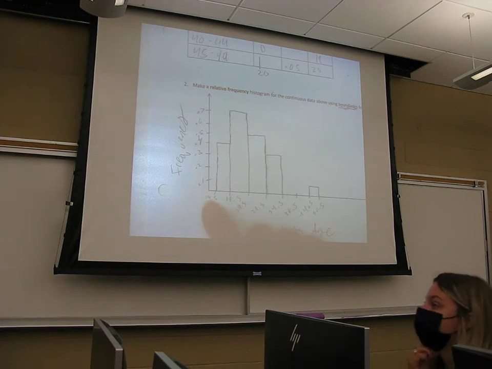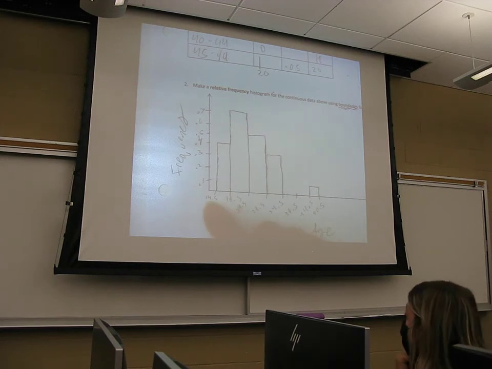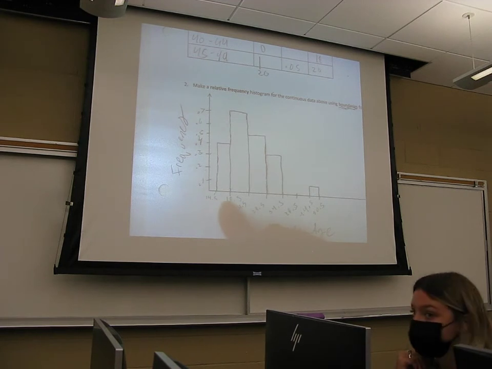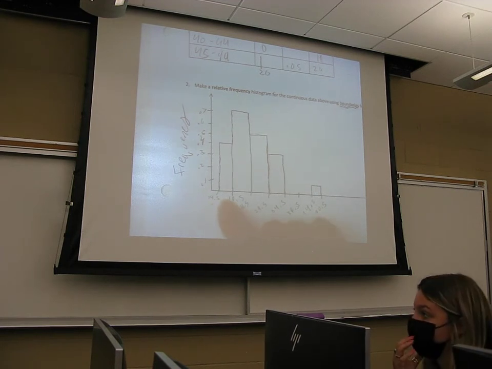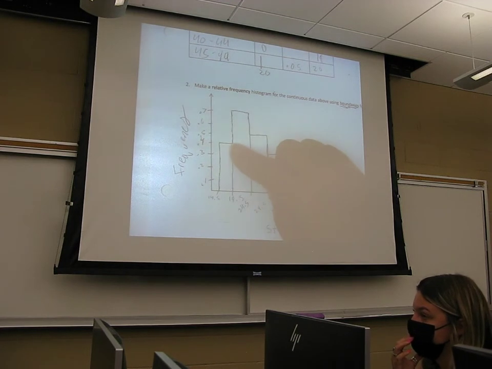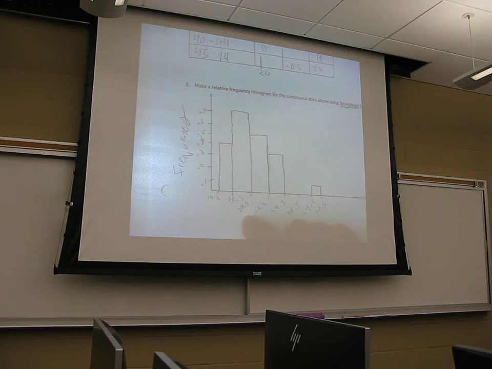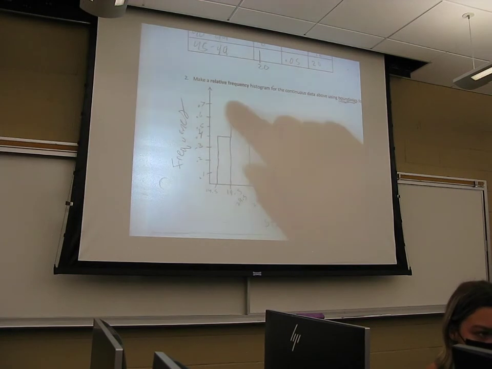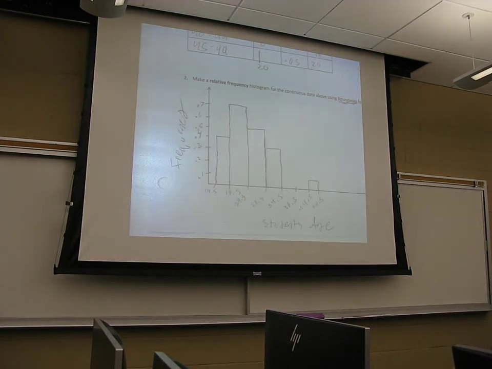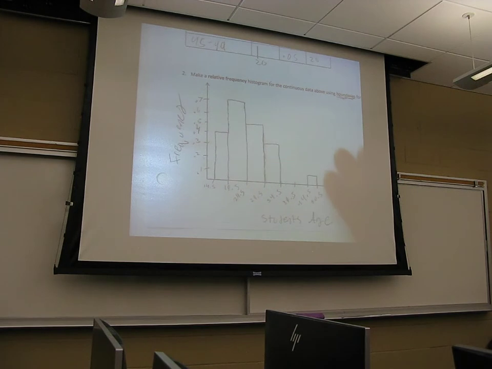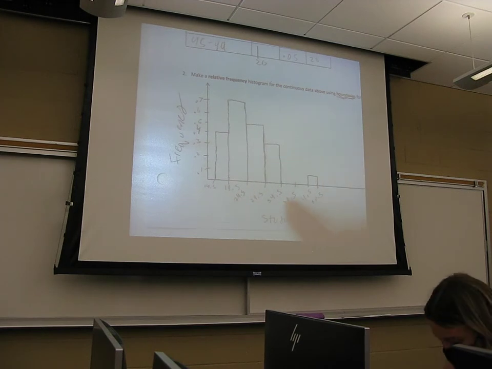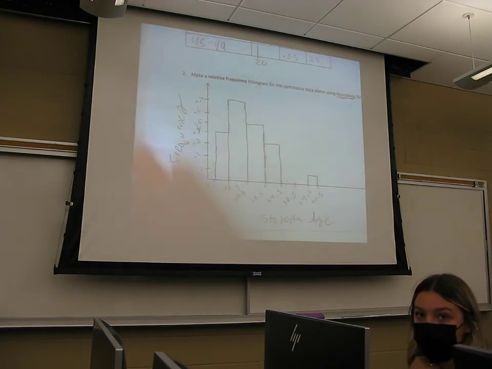From 15 to 19, these are their boundaries, and they have a frequency of 4. Does everyone kind of follow? Then from 20 to 29, the boundaries are 19.5 to 24.5, and there's a frequency of 7. So that one went up to 7. Does that kind of follow? This is how you should have this part written out.